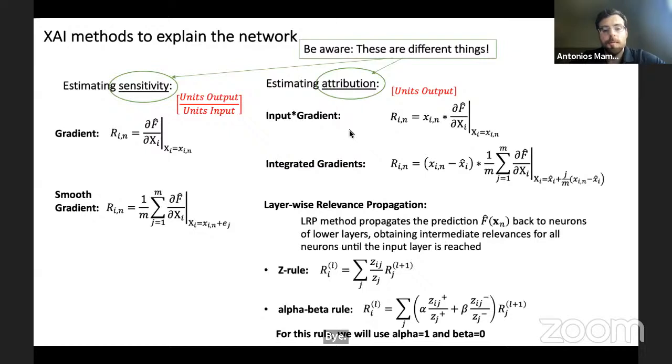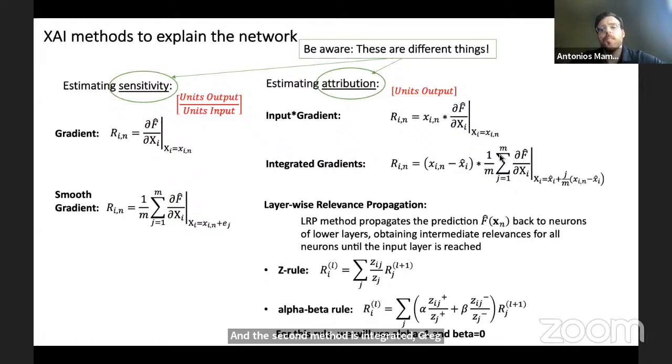Then four methods estimate attribution. Input times gradient is the first one. This method is essentially doing what the name suggests. It's simply the multiplication of the local gradient with the input value. The second method is integrated gradients.